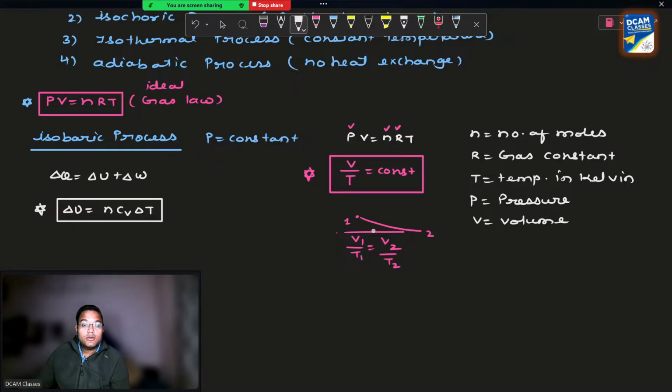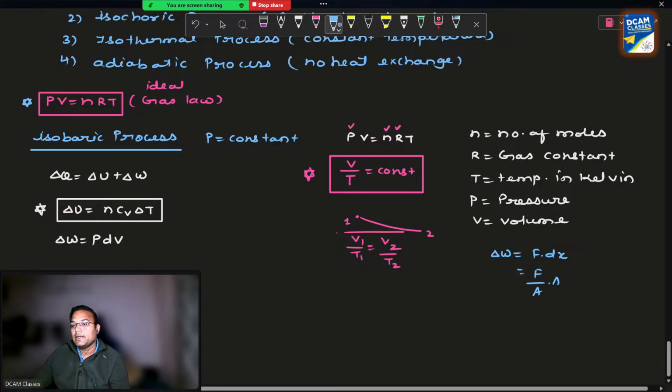Now, talking about delta W, what is it? It's PdV. Pressure into change in volume. Why do we get PdV? Because work done that we know of is force into displacement. But if I divide force by area and multiply area with this, force per unit area is pressure, A dx is dV, change in volume.